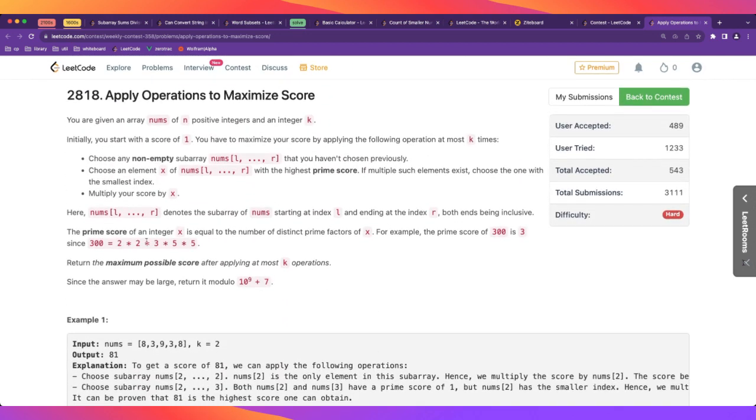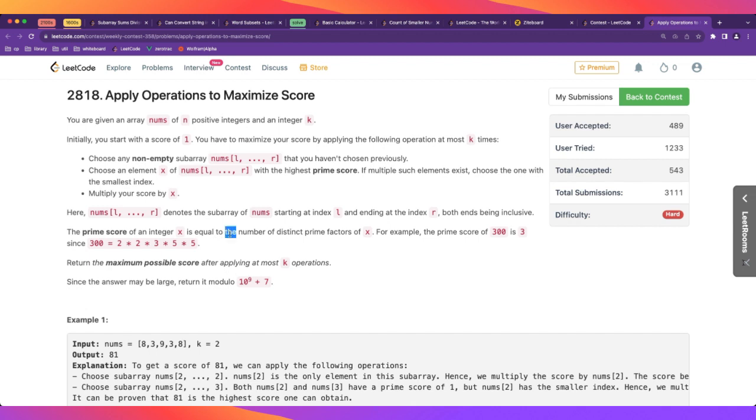For example, the prime score is pretty independent from the rest of the problem. You can pre-calculate the scores for the given numbers, and then you can completely forget about the prime condition. You just have a score for each number, and it doesn't matter where it came from.